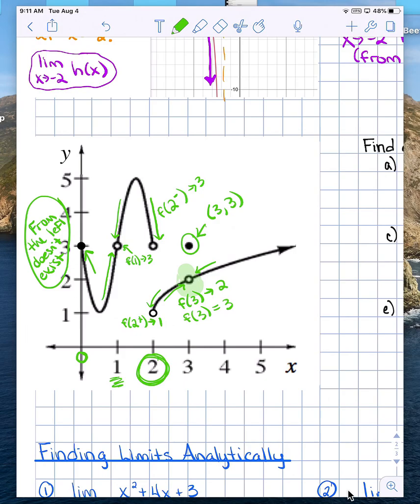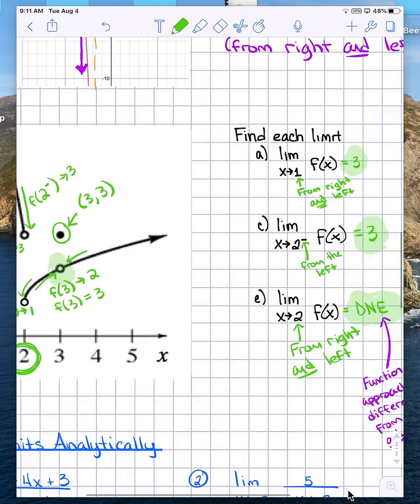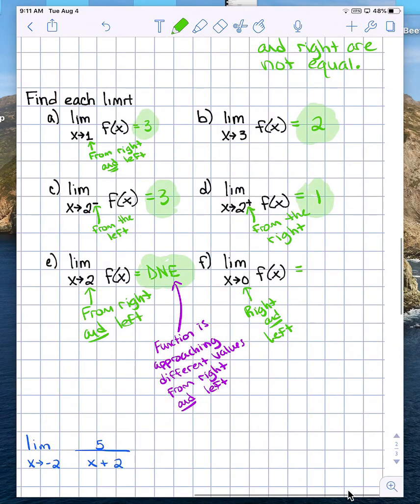So we would say that the limit as x approaches 0 also does not exist. And the reason for that is because we can only approach this point from one side.